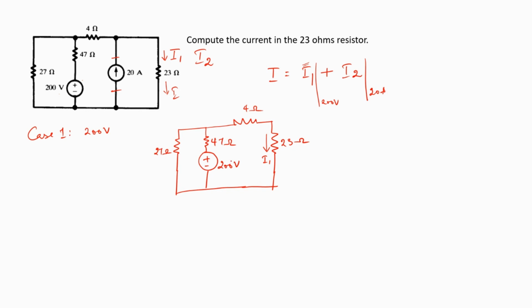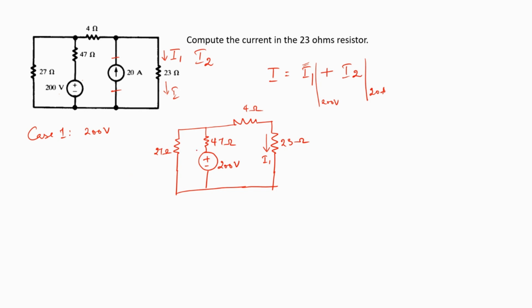So how do I compute this? Here I can apply simple loop analysis, or I can compute the equivalent resistance of this entire circuit and then find out I, and then use current division to find the current through the 23 ohms resistor. So let me follow the second approach.